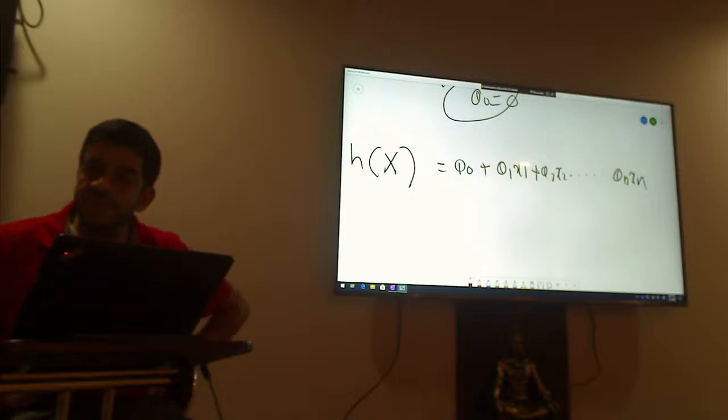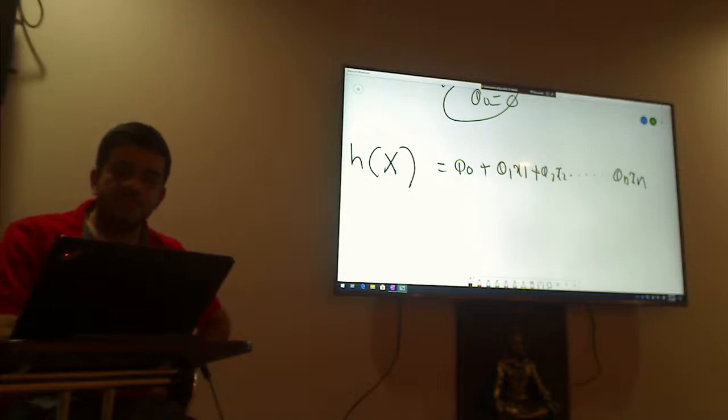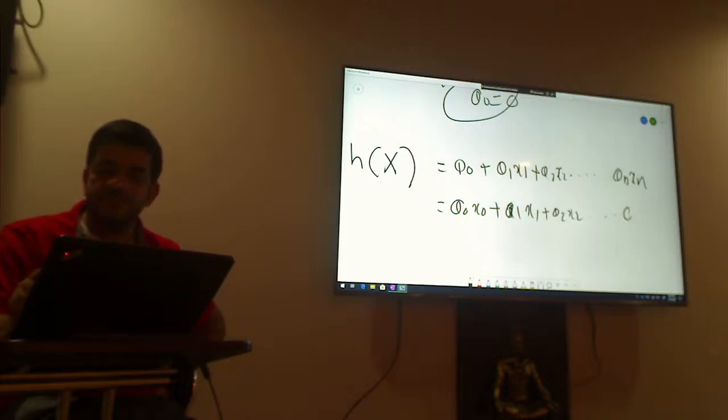Does anybody have any question? So this can be written as theta transpose x. I'm just deriving everything. And this x0 is 1.